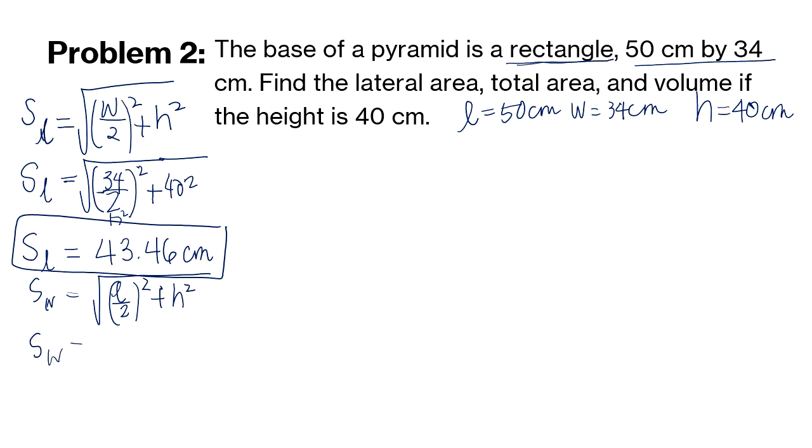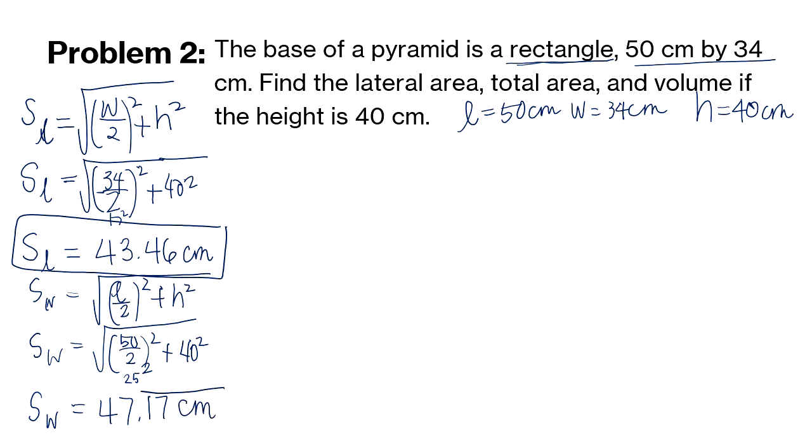Substituting our given information, we get 50 over 2 squared, which you may simplify as 25 squared, plus height squared, that is 40 squared. Now, using our calculators, we get 47.17 centimeters.